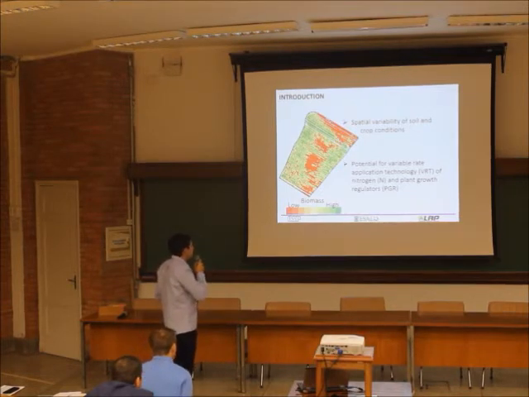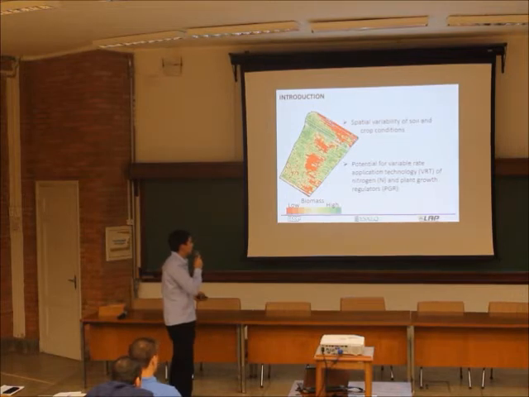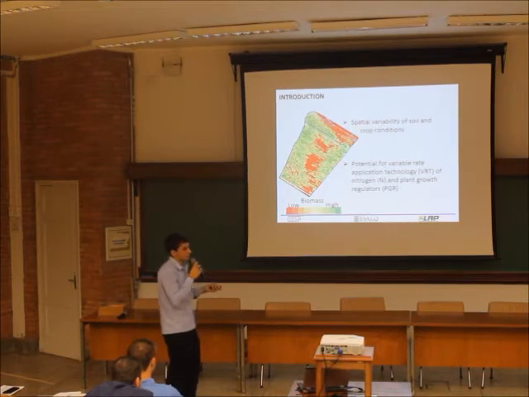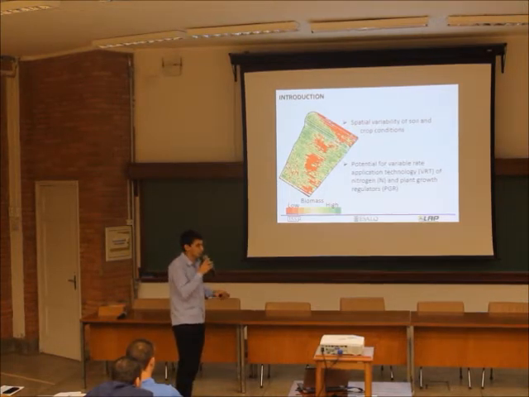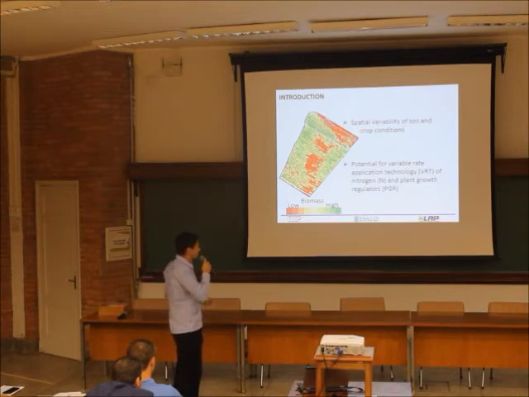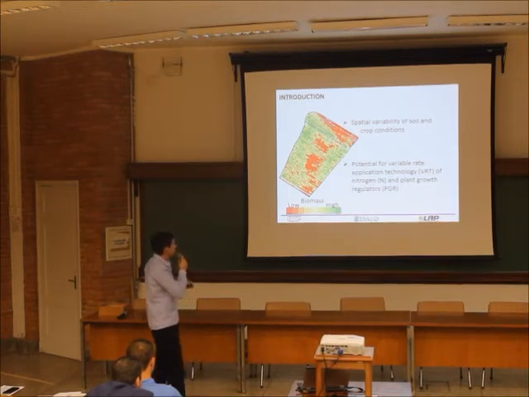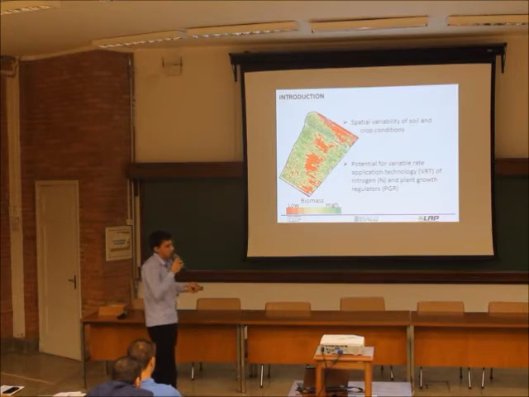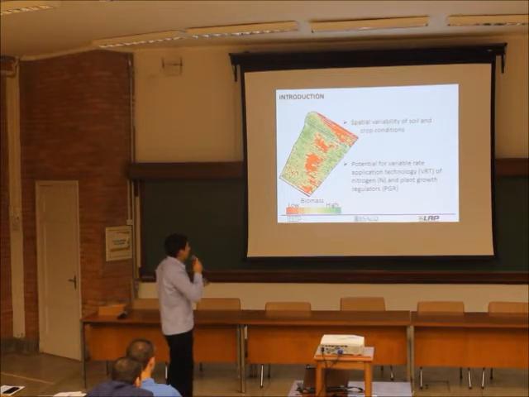So there is big potential for variable rate application technology, which has already been done for lime and fertilizers, potassium and phosphorus, based on grid soil sampling, but also potential for variable rate application of nitrogen and plant growth regulators based on canopy structure.